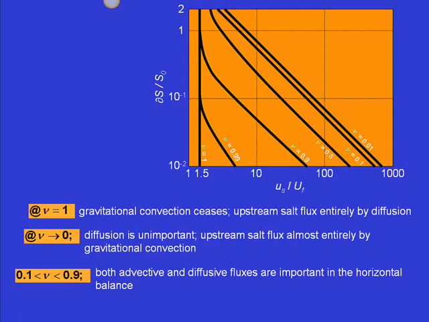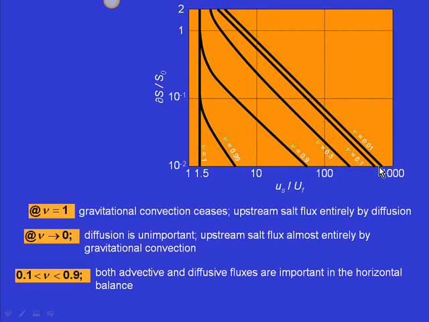So this might be like a salt wedge type of estuary that's strongly stratified, the tides are strong, but the mean flow is not produced by mixing but by advection of salt. So that's what this line represents.